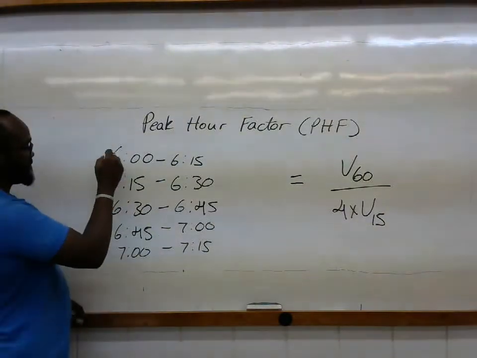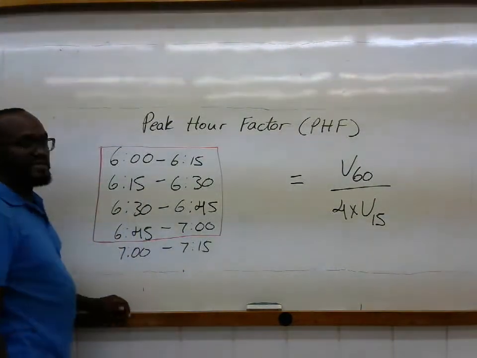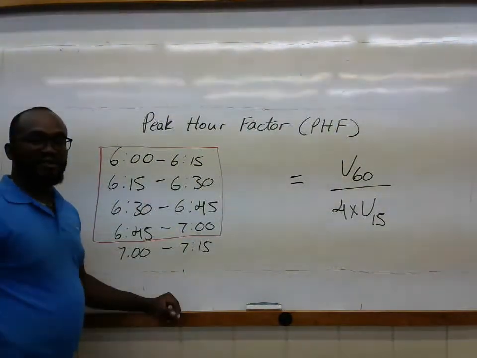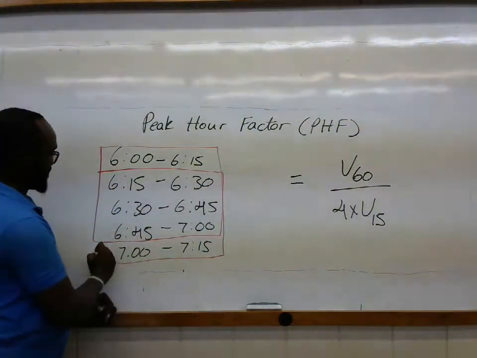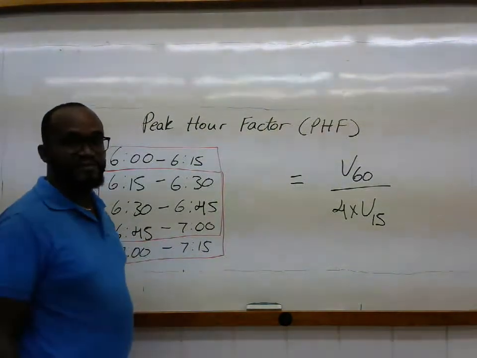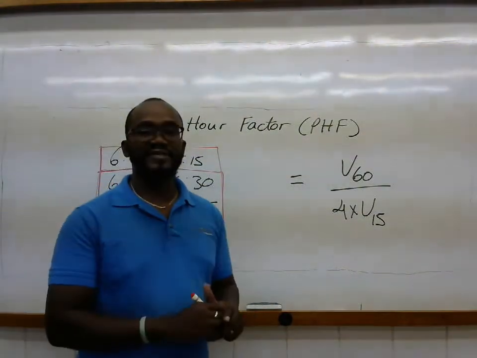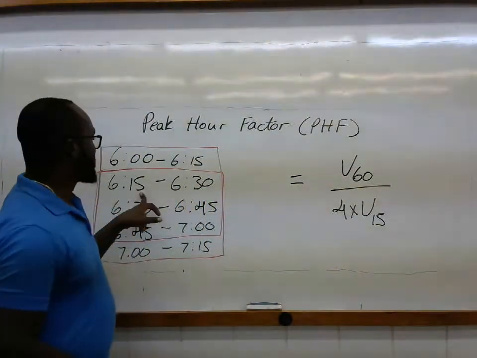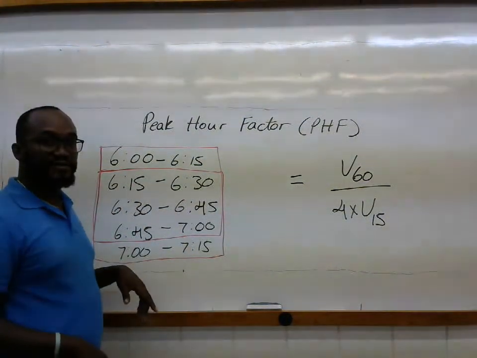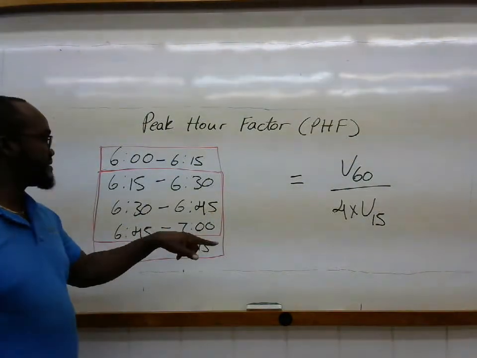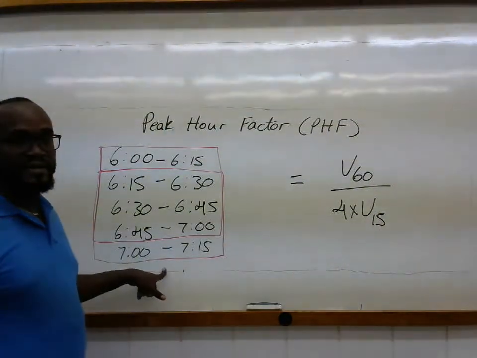So we may have, for example, these 4 15-minute blocks representing the peak hour, or we can have these 4 consecutive periods representing the peak hour. So in other words, the peak hour does not necessarily have to start on the hour. It can start at 1:15, go for one hour there with 4 consecutive 15-minute periods. Just as well, it could start at 6:30, sorry, and proceed up and end at 7:30.